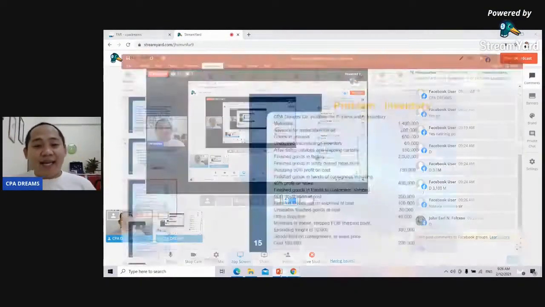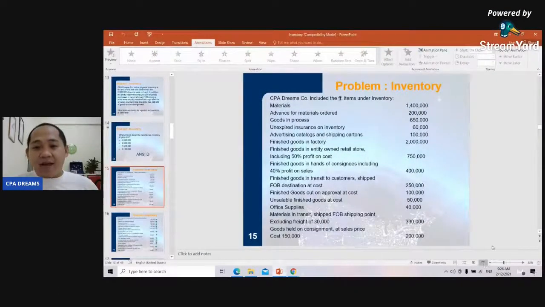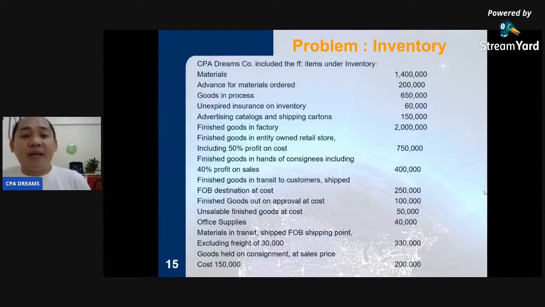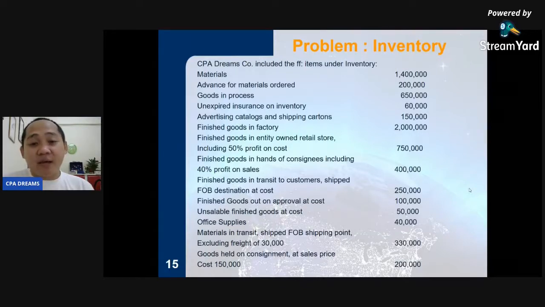Okay, so balikan natin. Ito na siya. CPA Dreams Company included the following items under inventory. You have materials, 1.4 million. Advanced materials ordered, 200,000. Goods in process, 650. Unexpired insurance, 60. Advertising catalogs and shipping cartons, 150. Finished goods in factory, 2 million. Finished goods in entity-owned retail store, 750,000.